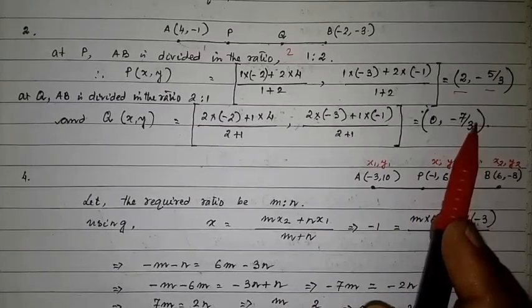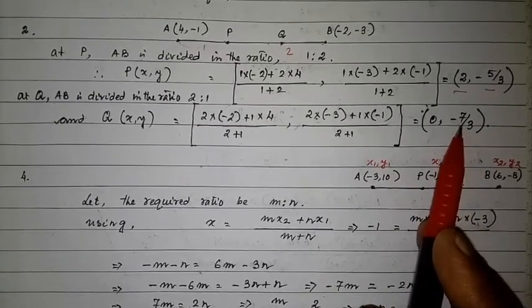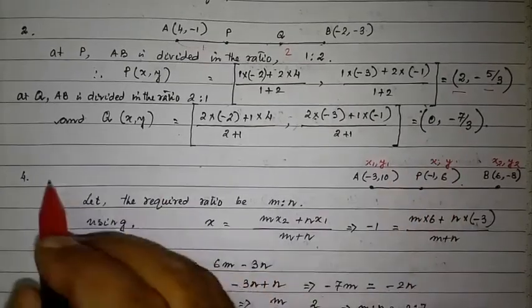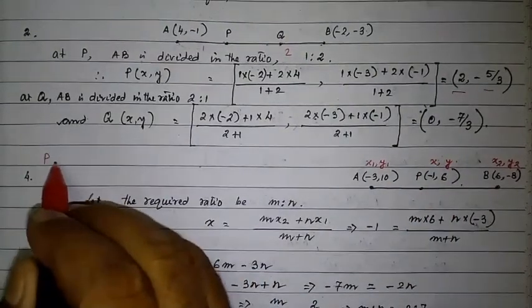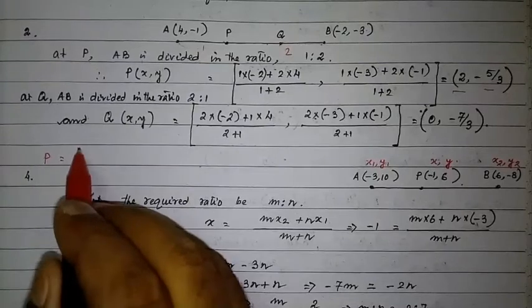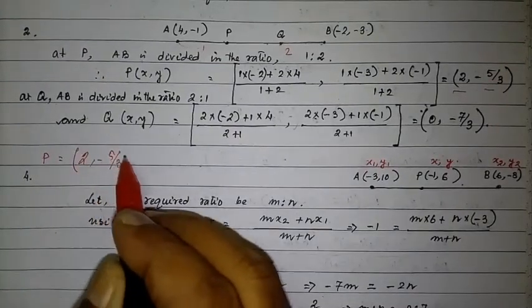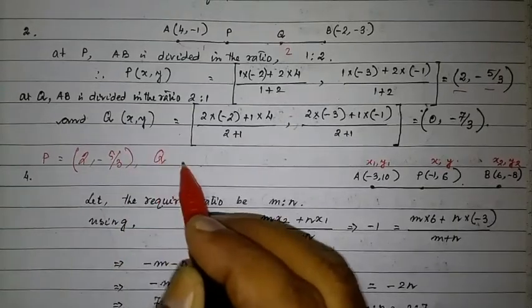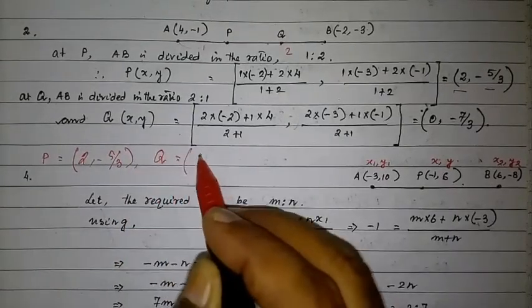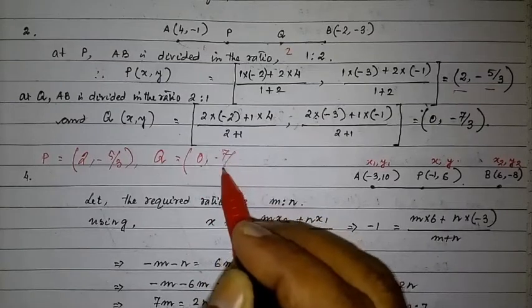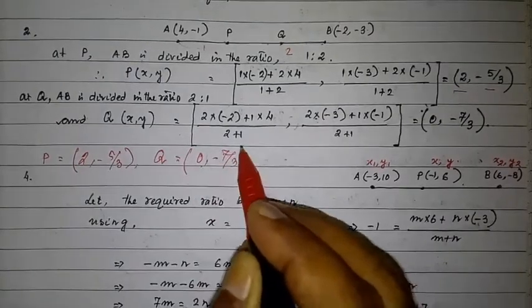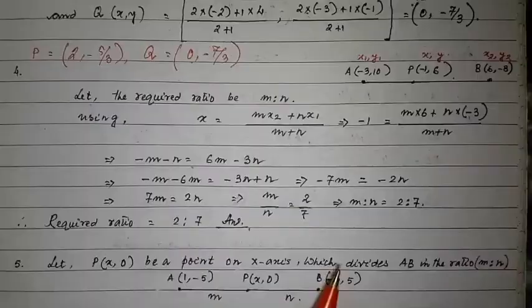So what we get, the coordinates of the point P are (2, -5/3), and the coordinates of the point Q are (0, -7/3). So these are the coordinates.